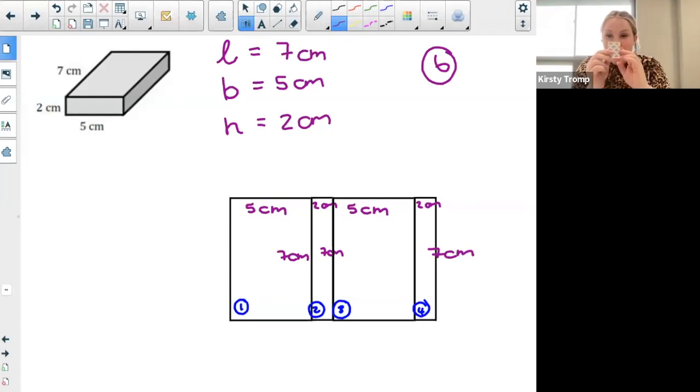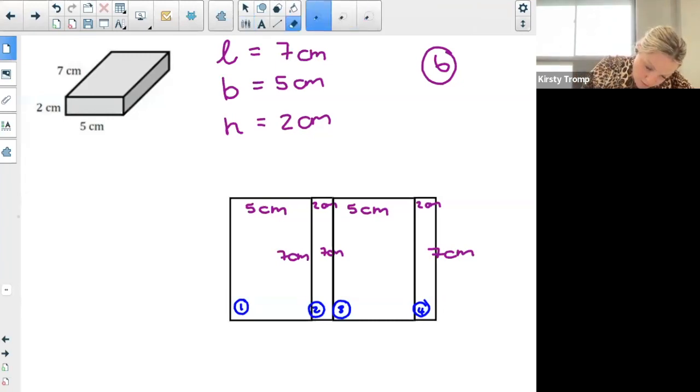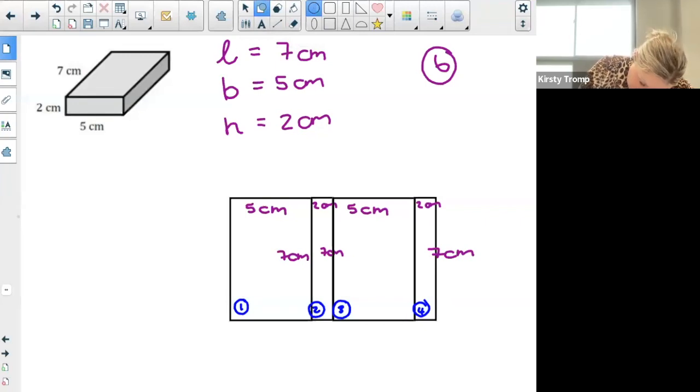What's left to do? We need to do the top and the bottom. So it's up to you to choose which one you do it on. I'm going to choose to do my top and my bottom on these first ones over here.